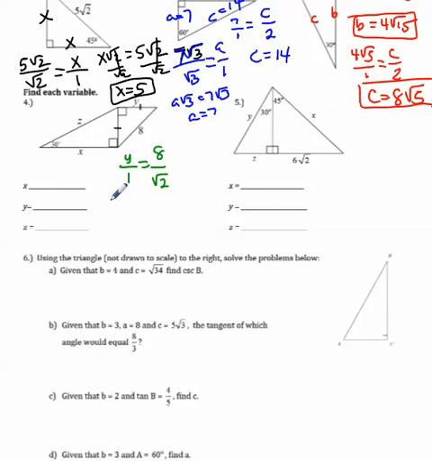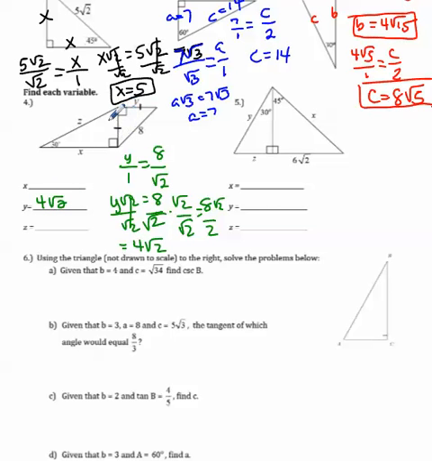So I get y root 2 equals 8. I'm going to divide by root 2, so I have 8 over root 2. I need to rationalize it. I get 8 root 2 over 2, which simplifies to 4 root 2. So my y value is 4 root 2.